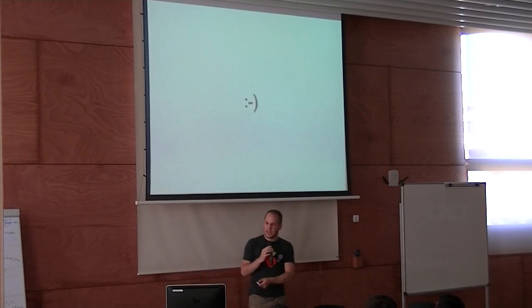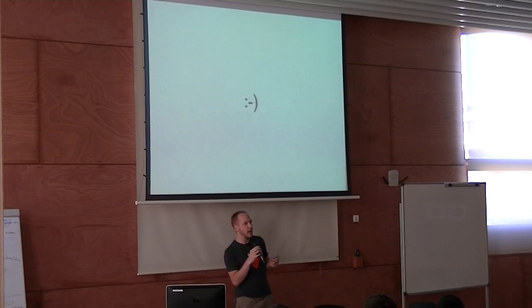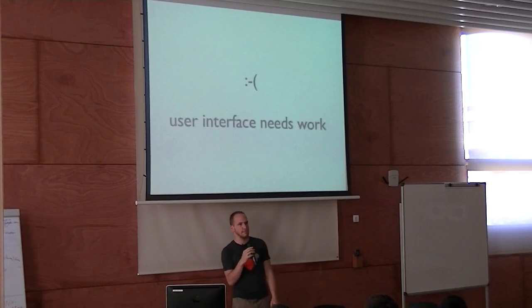So it seems that entity translation is the great solution that we've been waiting for all along. It's great, but unfortunately, there's a couple of things that are not optimal. First one is that the user interface needs a little bit of work.